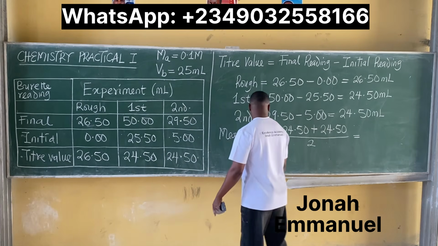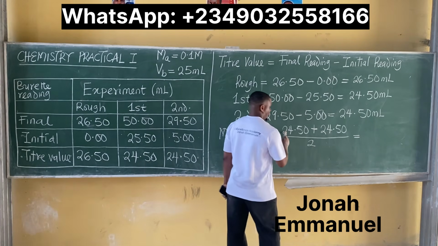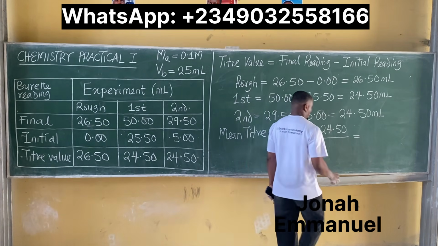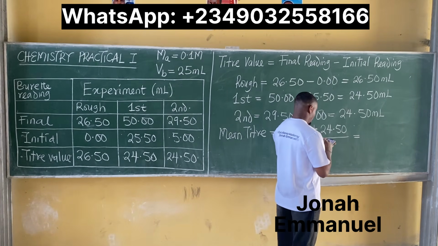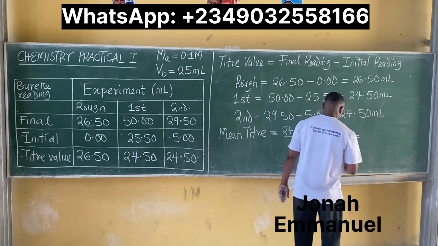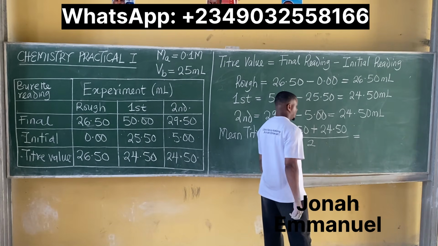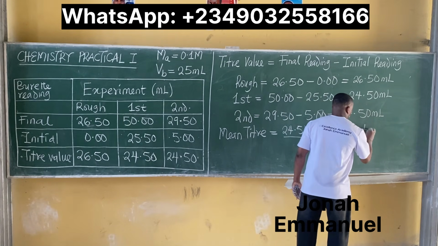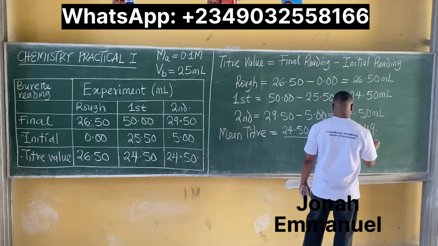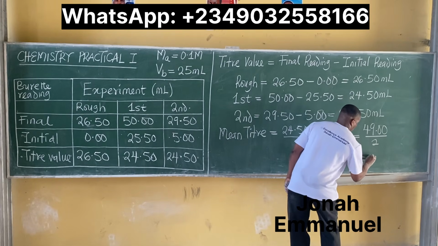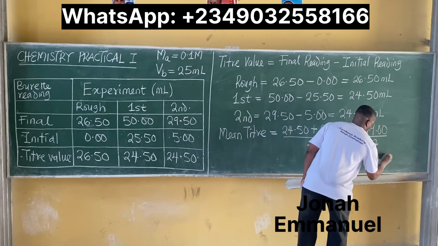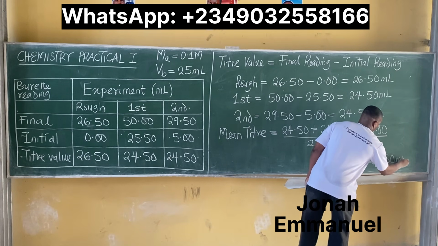That's the idea. So 24.5 plus 24.5 gives you 49.00, divided by 2 gives you 24.50 in milliliter.